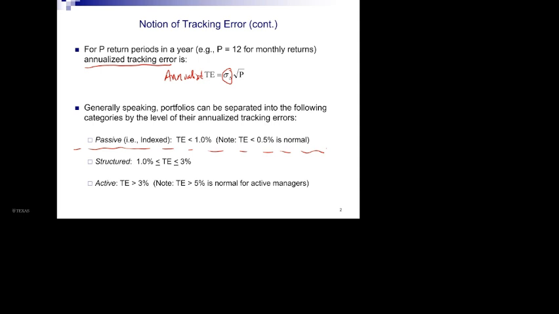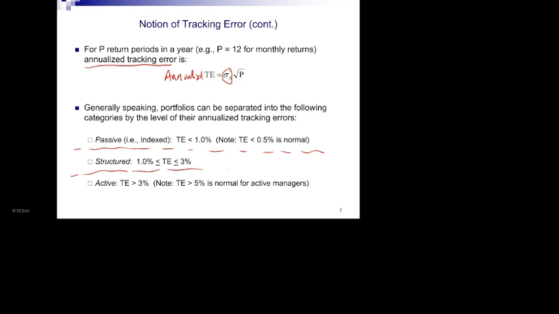In other words, if the goal of the managed portfolio is to mimic the performance of, say, a benchmark like the S&P 500, then the returns that index fund produces should be very close to the returns for the index itself. And so a passive or an indexed manager should have a tracking error less than 1. And frankly, it should be a lot less than 1, like less than maybe 50 basis points or even 10 basis points, as we'll see in an example.